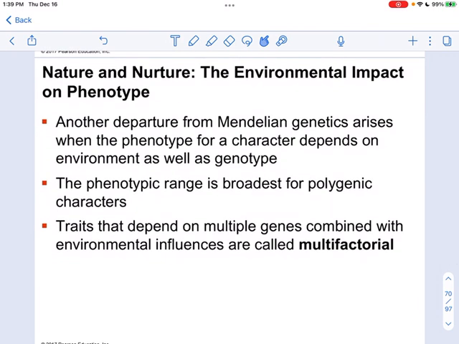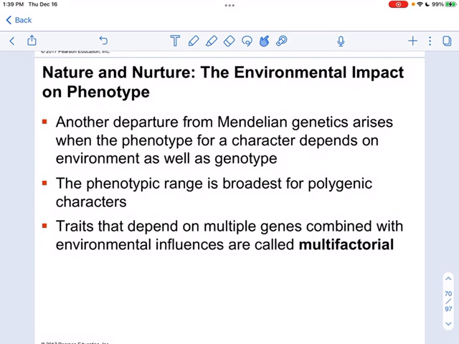There's also this question about nature versus nurture, and I know you've probably heard this before. It is true that the environment can have an impact on phenotype. So this is another departure from Mendelian genetics, if you take a look at how the phenotypic character is affected by the environment of the individual.